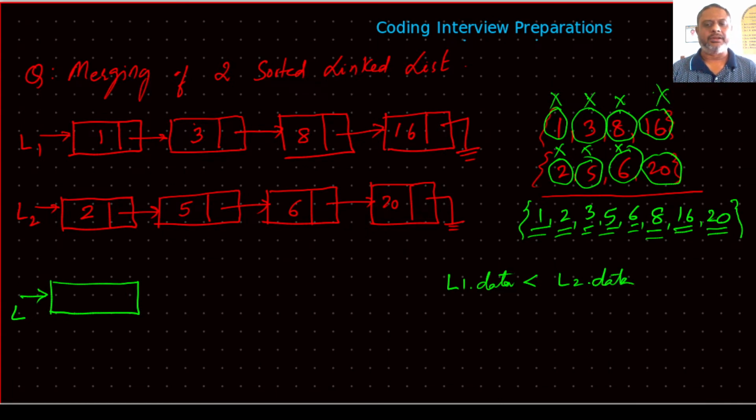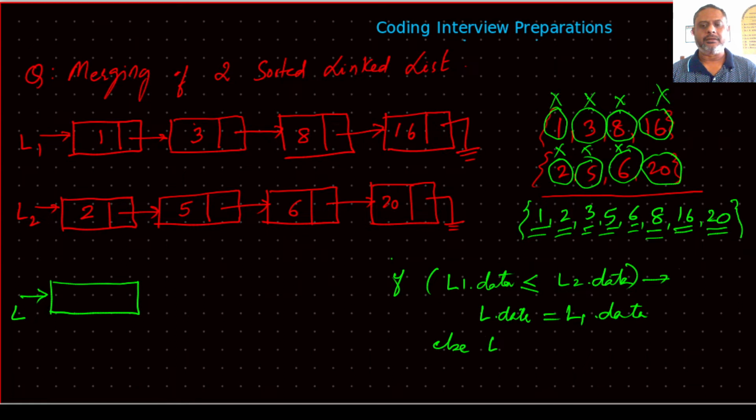If L1 dot data is smaller than, or even equal to, L2 dot data, then we write L dot data as L1 dot data, if this condition is true.